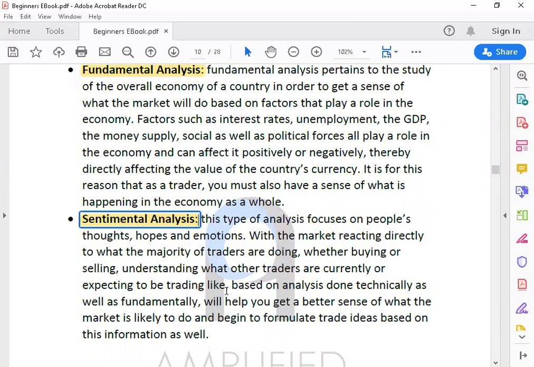That would be sentiment analysis, because you're not using any technical analysis, you're not using any fundamental reasoning to buy the South African rand. You're just going off the way you feel about your country. That is basically sentiment analysis.